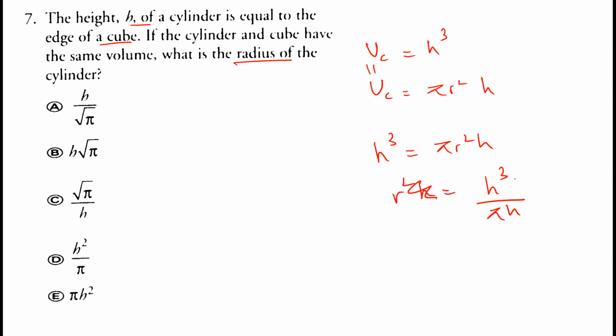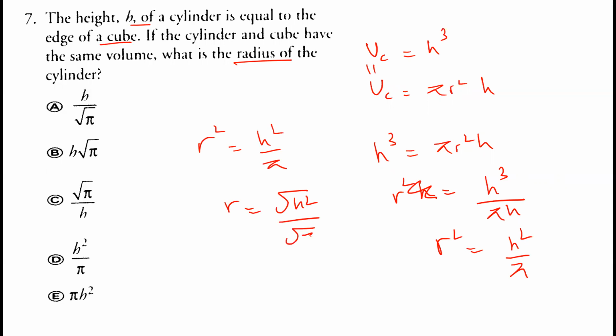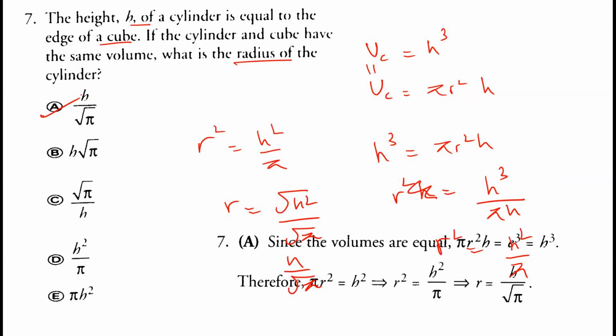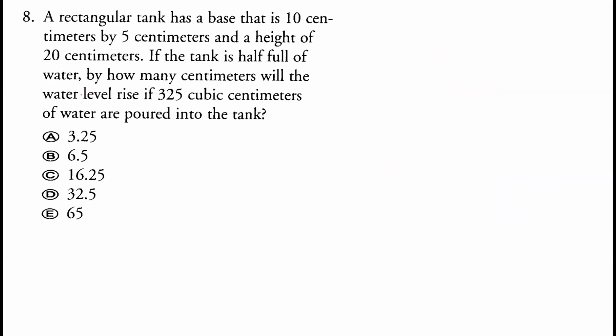So r squared equals h cube divided by pi h. So r squared equals h squared upon pi. Or we can say r equals under root h squared divided by under root pi. Hence, we can write h over under root pi. That is option A.